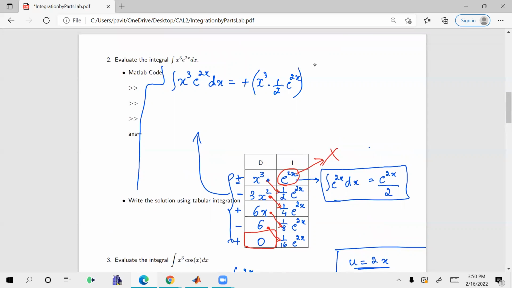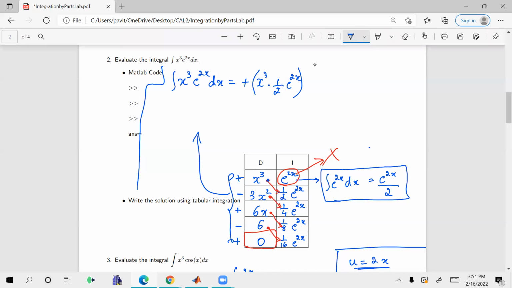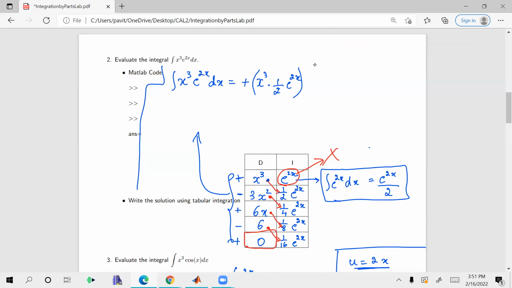And then what will be the next sign? Any guess? I used positive because I have a positive sign in front of x cubed, right?